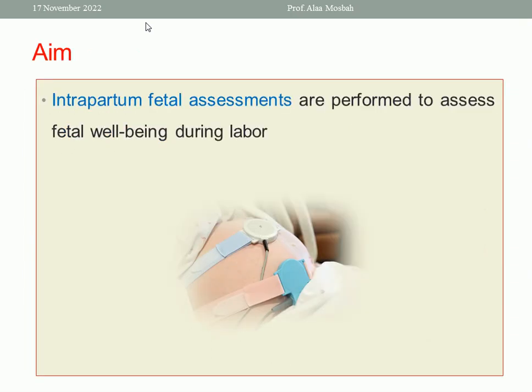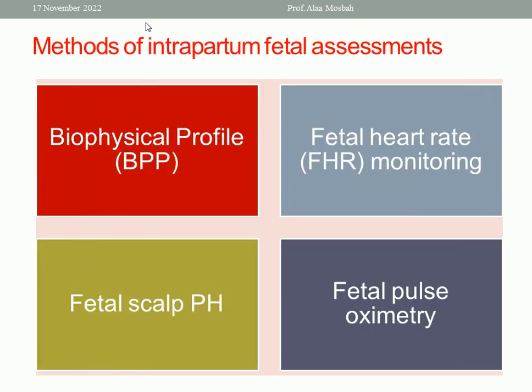So, what is the aim of intrapartum fetal assessment? Really, intrapartum fetal assessment is performed to assess fetal well-being during labor. These are the 4 items included under the heading Methods of Intrapartum Fetal Assessment. The biophysical profile, which is explained in detail in the previous lecture.